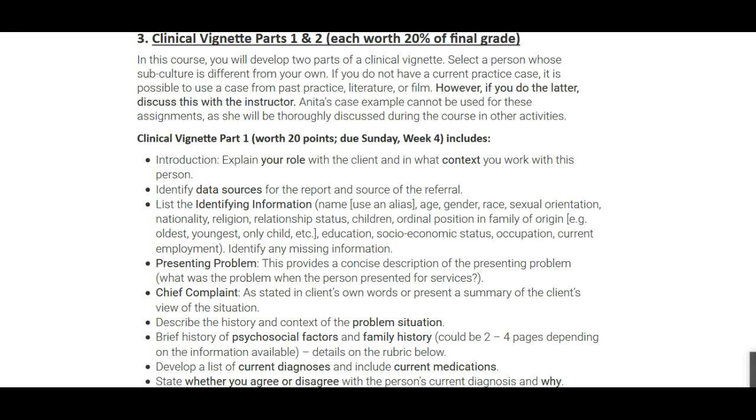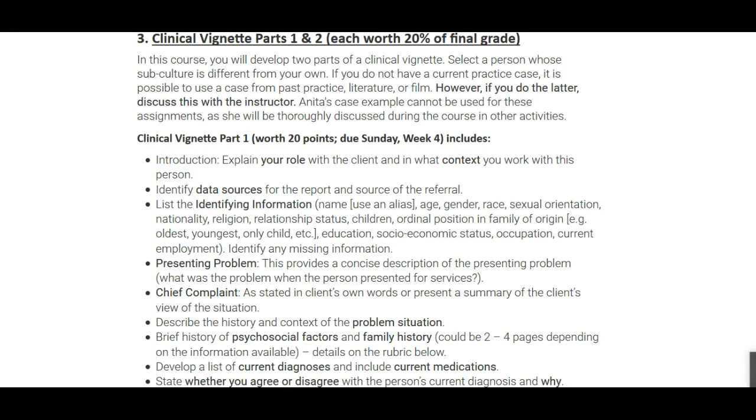So for presenting problem, you want to give a concise description of the problem that the patient is presenting for services, okay? So why are they coming to see you or your agency to obtain services? Like, that's the problem.